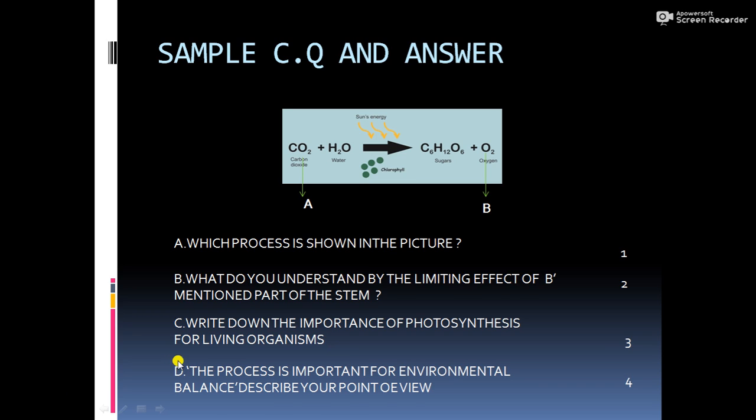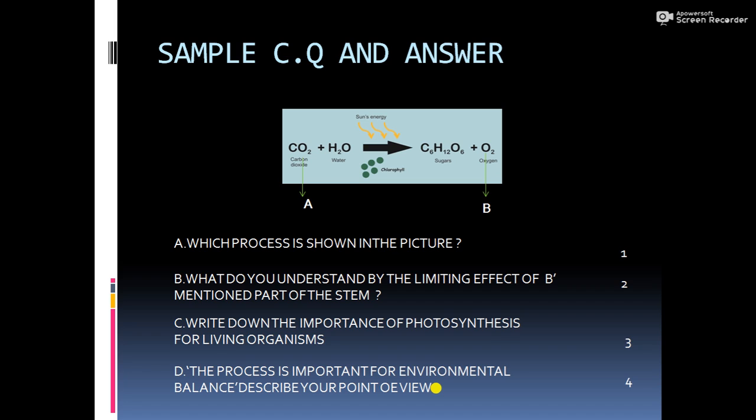Now question D. The process is important for environmental balance. Describe your own point of view. So here you have to write the importance, but only the side that is related to the environment, not the economical side, not the biological side, only the environmental balance side.